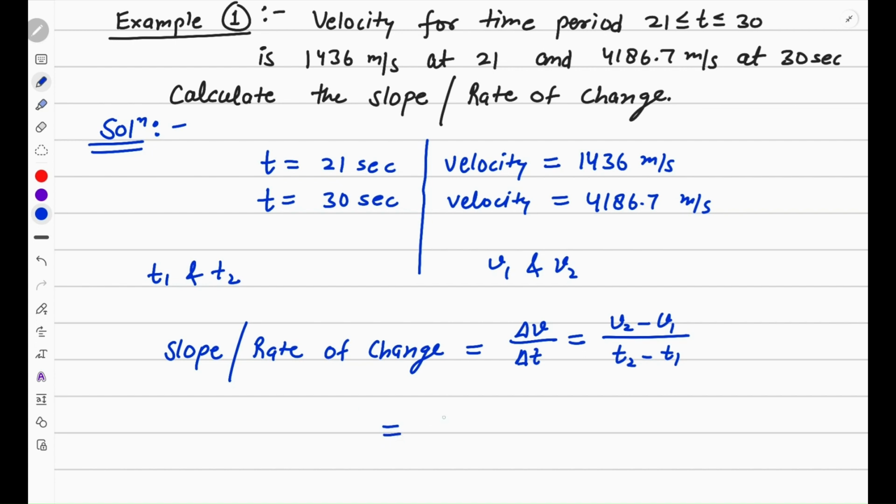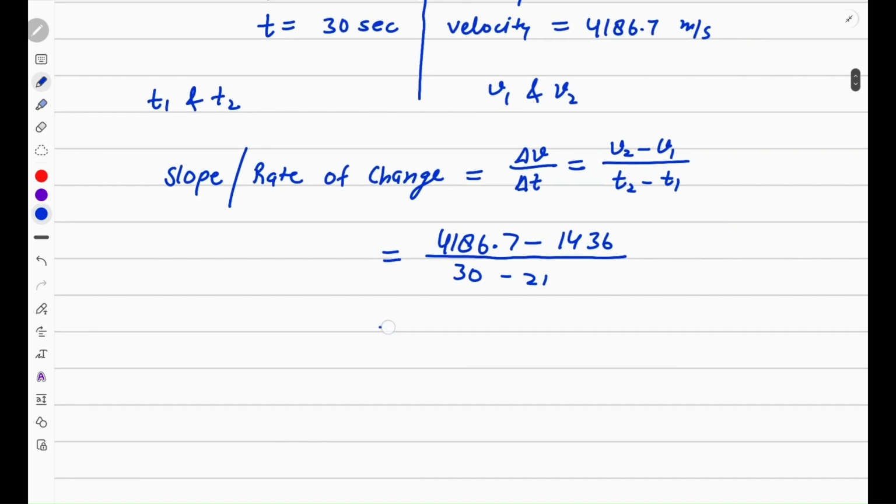So the rate of change comes to 4186.7 minus 1436. These two values are given, and the time values given are 30 and 21. If we calculate these two values, we get 2750.7, the change in the velocity, and the time is 9.